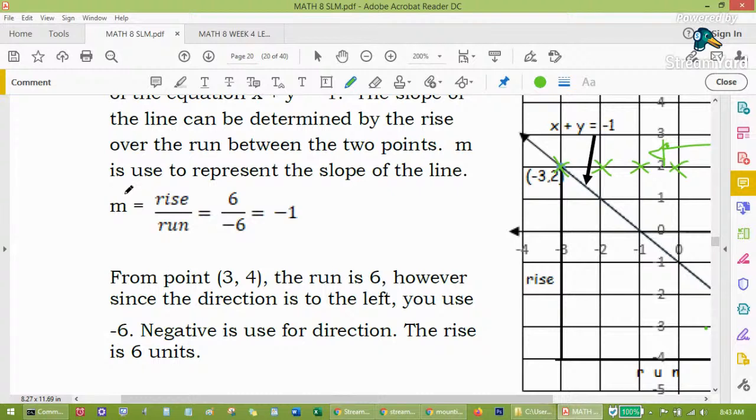Okay? So, yung M. M is the symbol of slope. Pag nakita niyo yung letter M, ibig sabihin nun, that is the slope of the line. Okay?